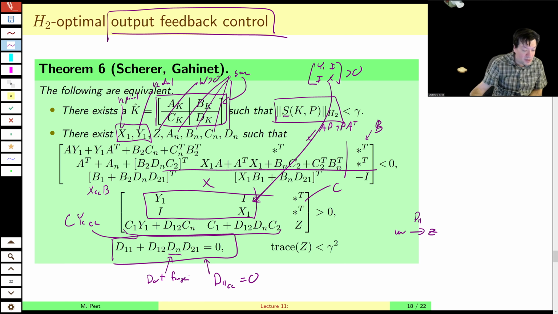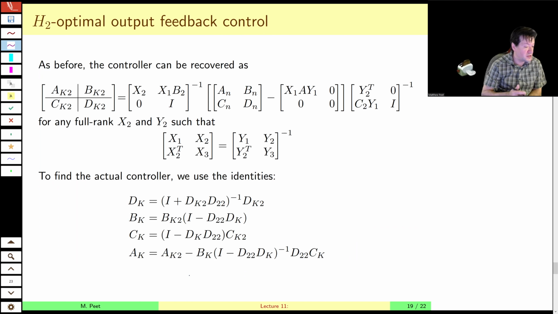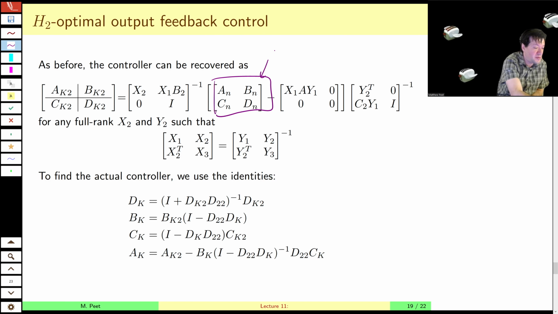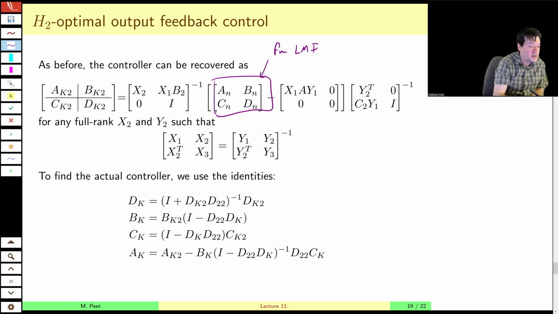But then you solve the LMI, and you reconstruct your controller in the same way. Those are the variables from the LMI. We then construct our matrix completion in the same way.